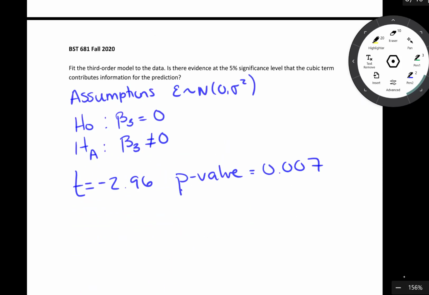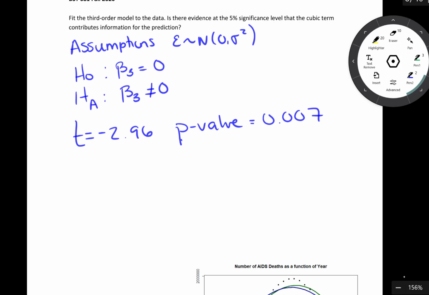Again, notice that this is smaller than 0.05, so we are going to reject. In this case, we would conclude at the 5% significance level that there is enough evidence of a third-order relationship between number of years since 1990 and number of AIDS and HIV-related deaths.